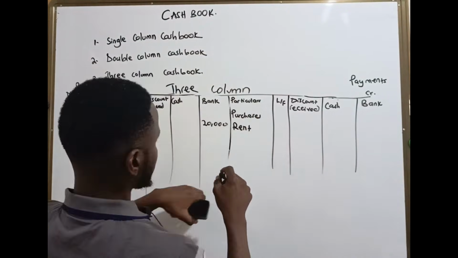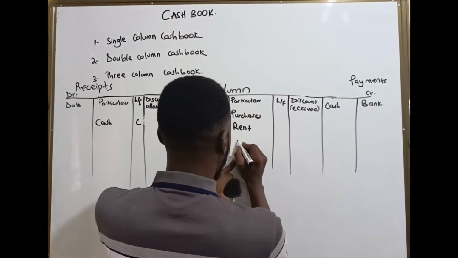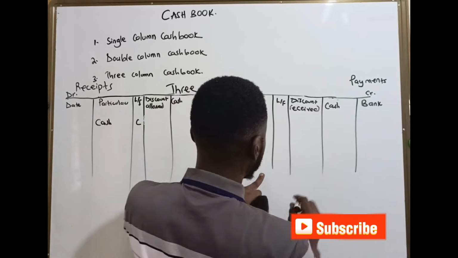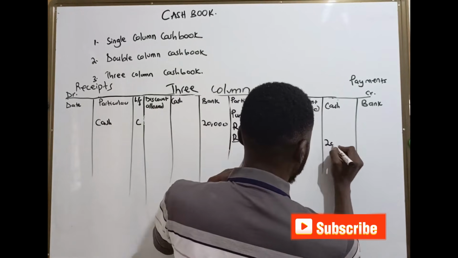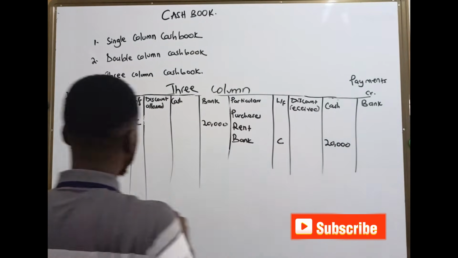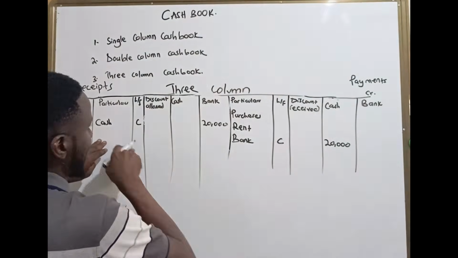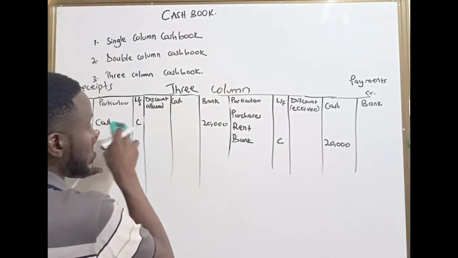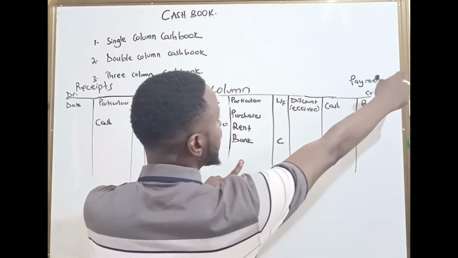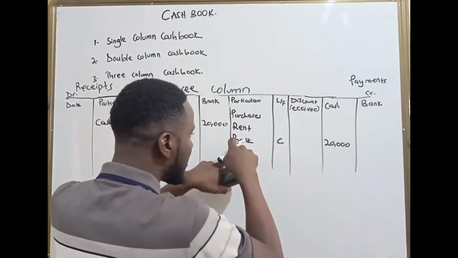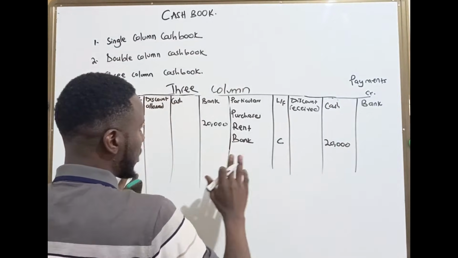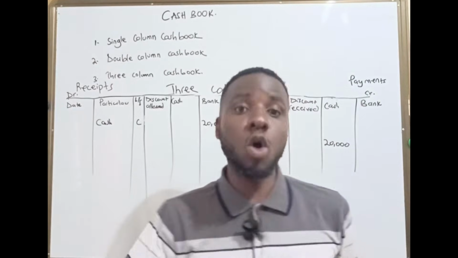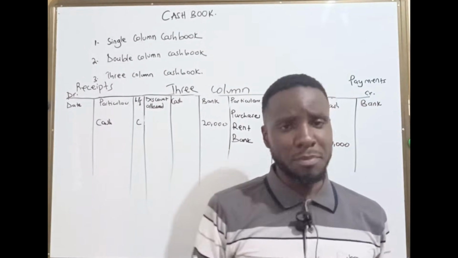Of course, you come this side and say we are crediting to the bank cash worth 20,000 and say contra entry, meaning that the bank account is receiving 20,000 from the cash, and so it's a contra entry. Here we come and say we are crediting 20,000 cash to the bank. So that's all about the contra entries. So contra entries is we pay money to the bank or withdraw money from the bank for business use.